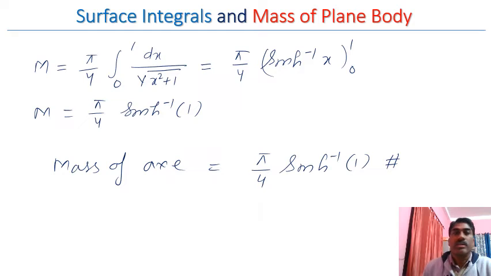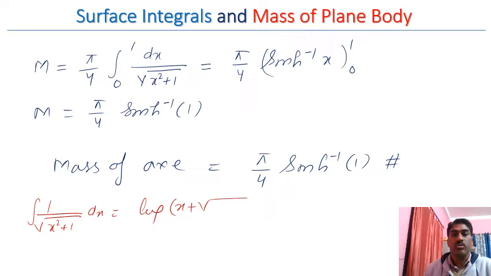You can also integrate this in logarithm form. If you want to integrate in logarithm, this yields the integral of 1 by square root of x square plus 1 dx, which is equal to log of x plus square root of x square plus 1, and then if you put the limits 0 to 1, at the lower limit log 1 is 0, and at the upper limit this is log of 1 plus root 2.